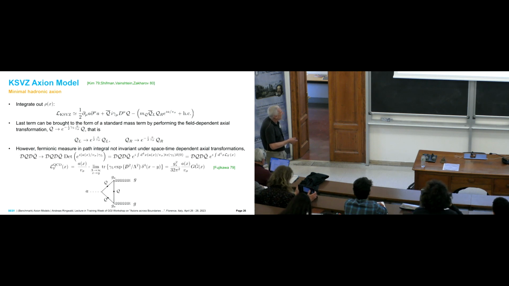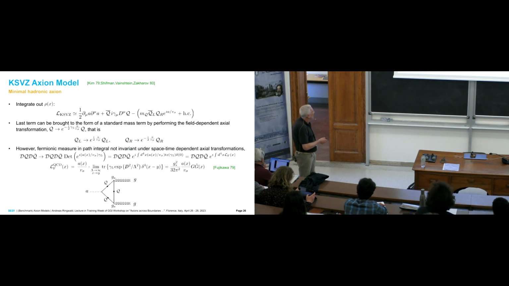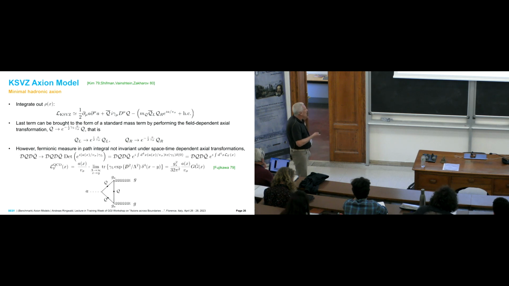In principle, this can be explained by this triangular graph, and you can essentially count the numbers of g's, the gs squared.